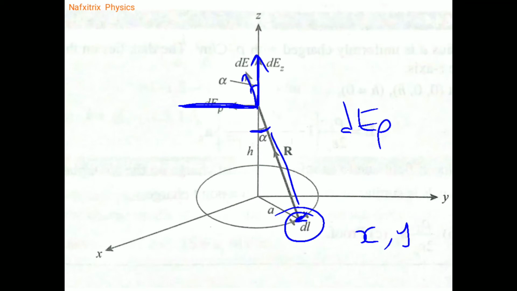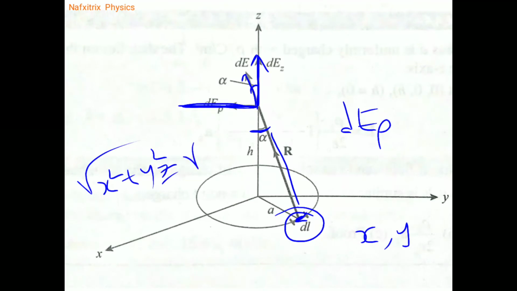Just like r, we know that the square root of x square plus y square is nothing but r. So dE rho is along the xy plane. Here we should not get confused.